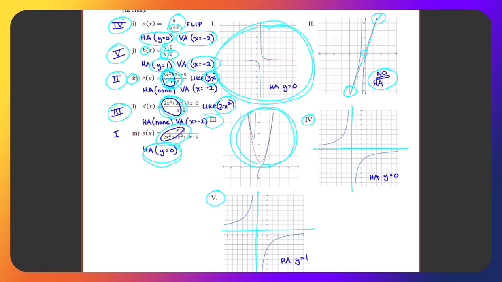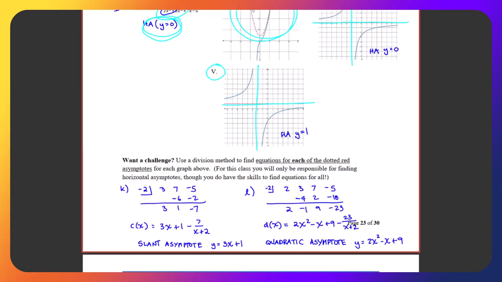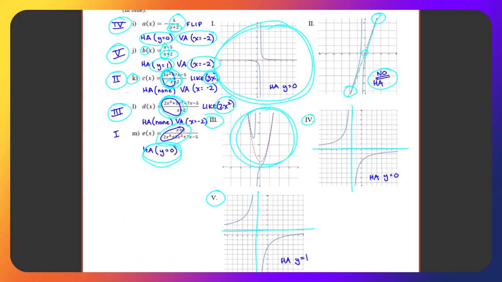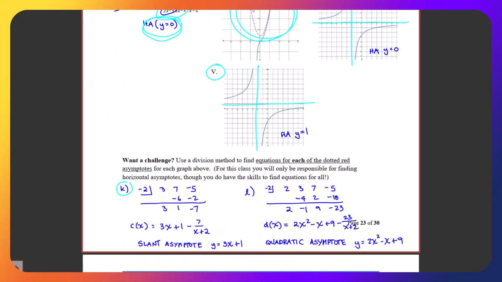So all we have to do is look at the first term of the numerator and the first term of the denominator and compare them. If I take the two that didn't have a horizontal asymptote, so that would be this picture here, which was K, and this picture here, which is L, K and L. In each of these cases, I did synthetic division.